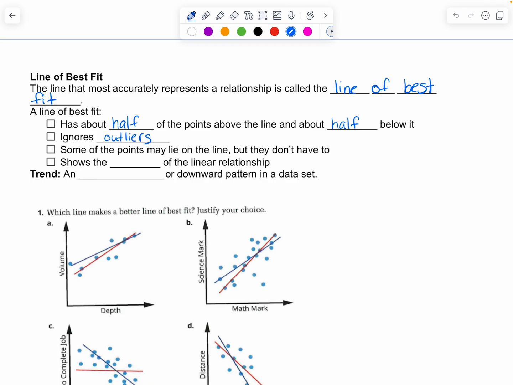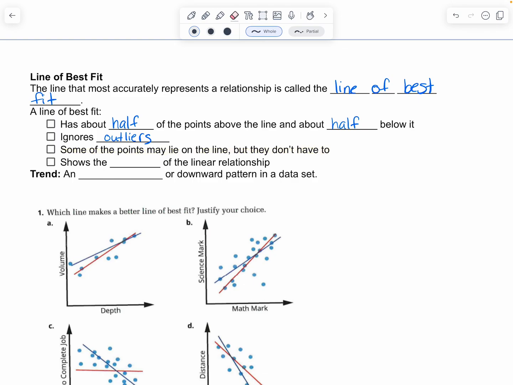So what is an outlier? If you look at graph A below, you have a point down here that doesn't really follow the other trends, so we're just going to ignore that. Some of the points may be on the line, but they don't have to. That's an important one. You're not necessarily trying to connect all the points, or as many points as possible.